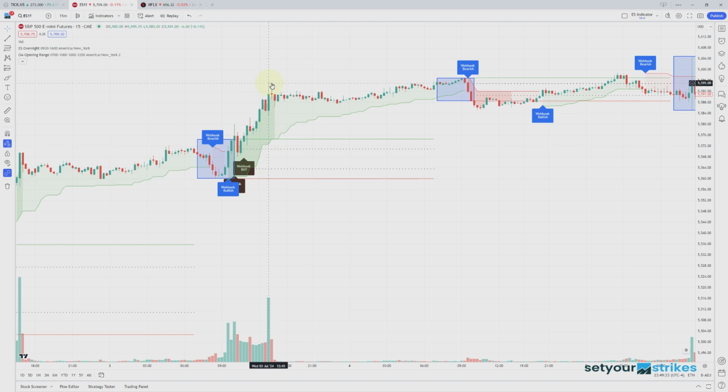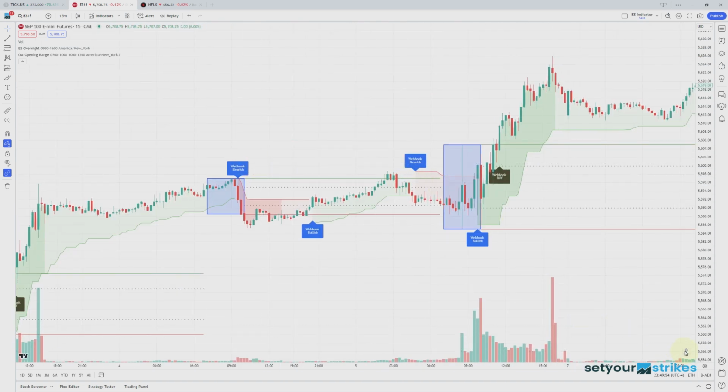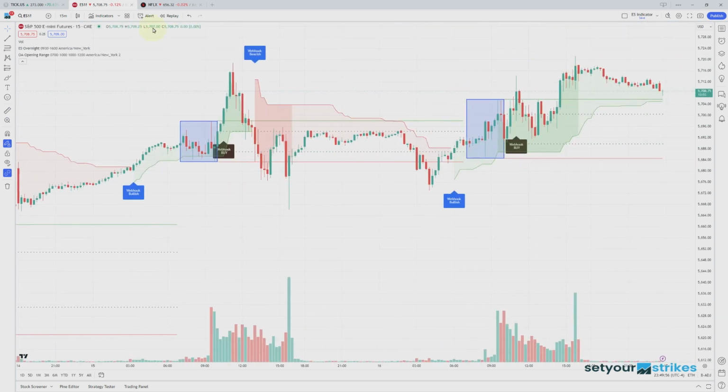I don't even need to apply my actual options trades to this, right? I don't need to evaluate my actual trade setup. Is it going to behave well with this particular indicator, right? This gives me a first level, I guess you could say. I've just eyeballed this.